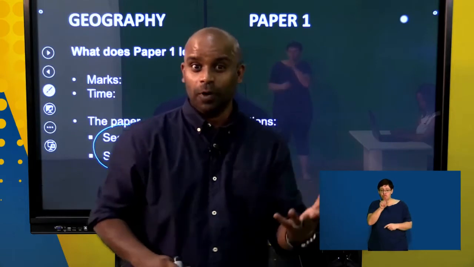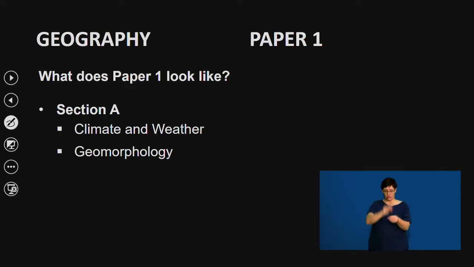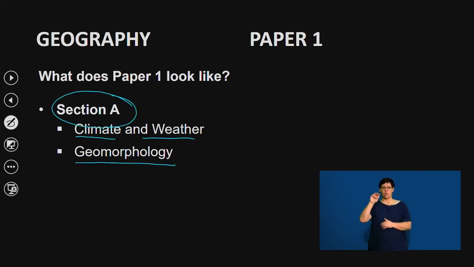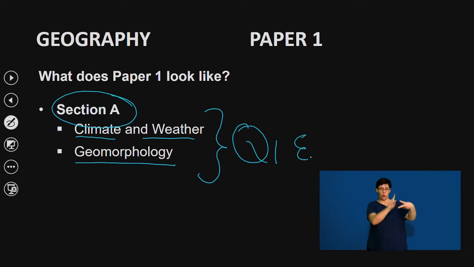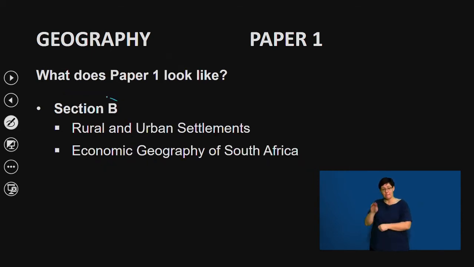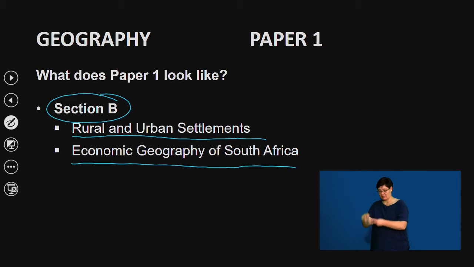So, let's go forward. Climate and weather as well as geomorphology are located in section A, and climate and weather is combined into 2 questions, question 1 and question 2. Moving on, we look at Section B, where you are covering rural and urban settlements as well as the economic geography of South Africa.